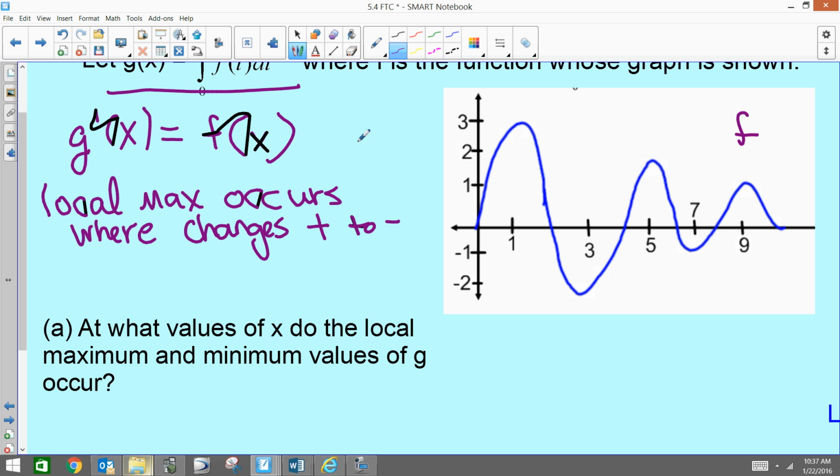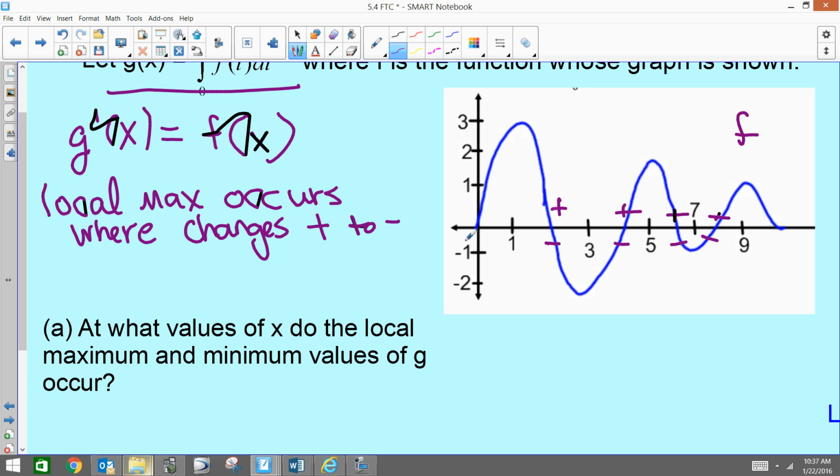Okay. So f of x is sitting right here. All right. So the local max, if we look at f of x, it changes from plus to minus right here, changes from minus to plus right here, changes from plus to minus right there, changes from minus to plus right there, and that's it.